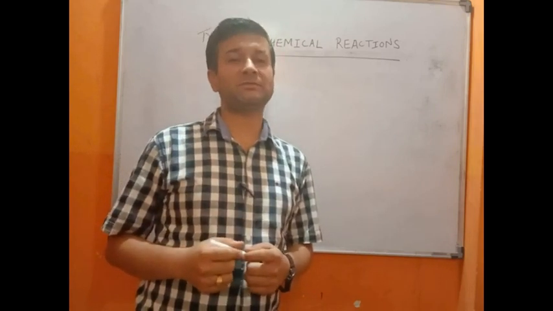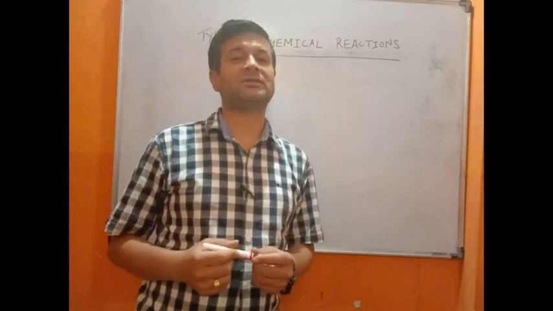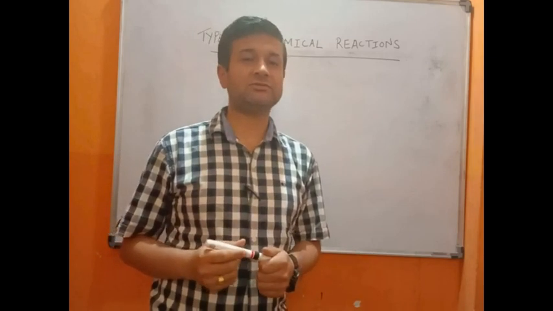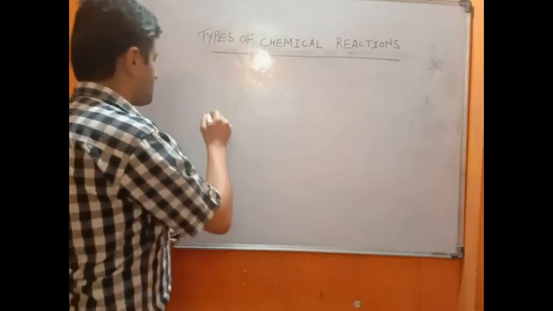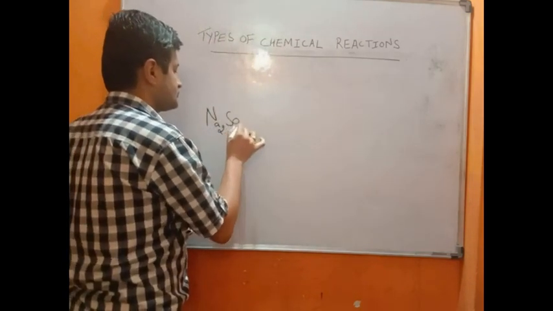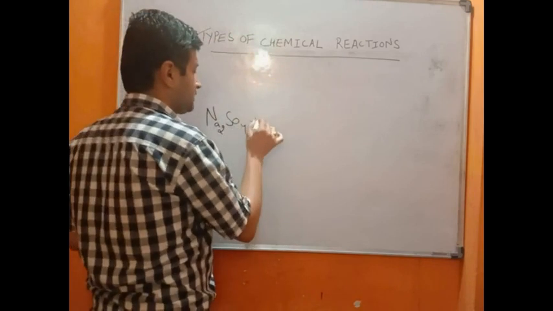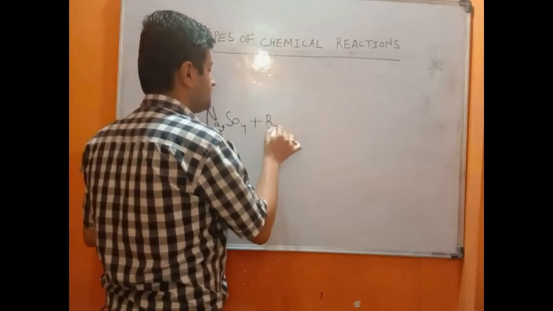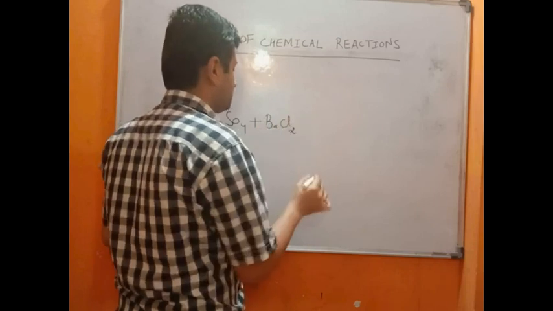As we have discussed, in double displacement reaction, two substances are formed. One of the substances appears as a precipitate. So let's try to see this. Sodium sulfate reacting with barium chloride.